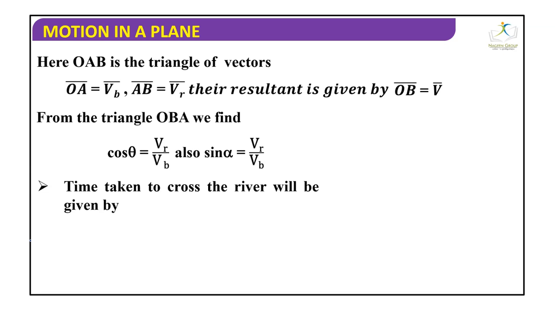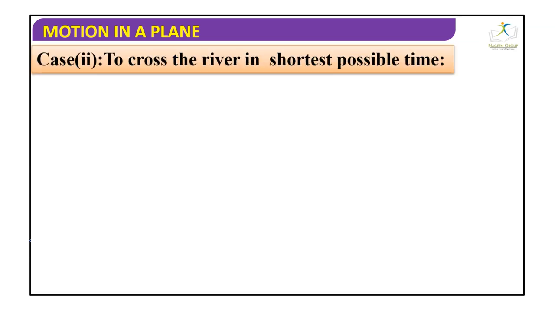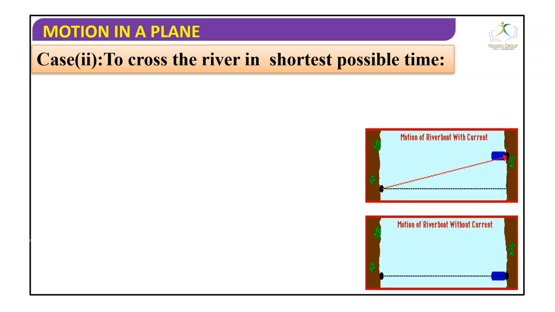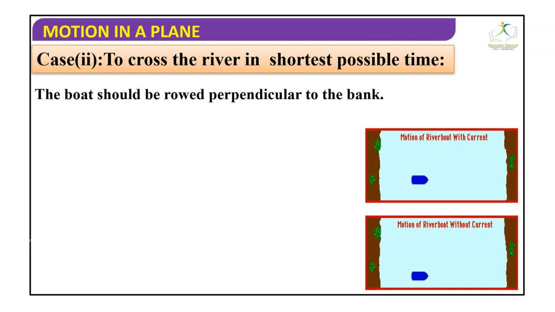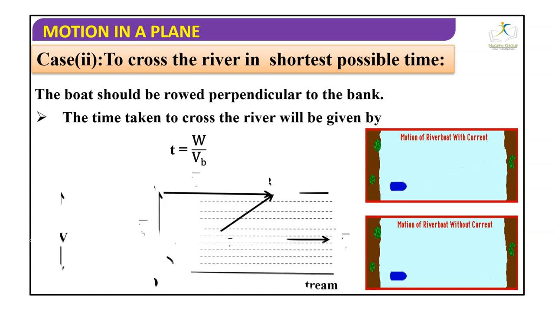The time taken to cross the river is given by T equals W by V, which is equal to W by the square root of Vb squared minus Vr squared. Second case: to cross the river in the shortest possible time, the boat should be rowed perpendicular to the bank. The time taken to cross the river is T equals W by Vb.